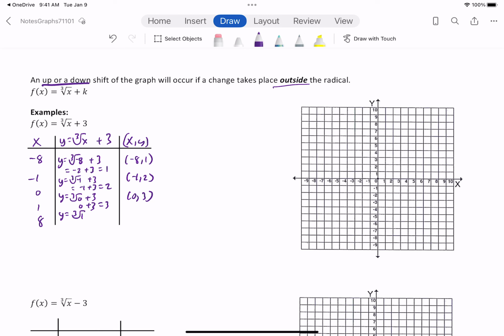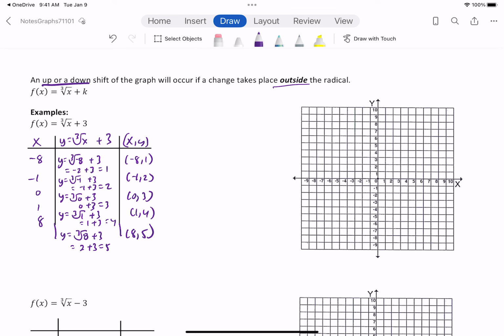The cube root of 1 is 1 plus 3 is 4. And last, if we put in cube root of 8, that is 2 plus 3 is 5, and we get 8, 5.